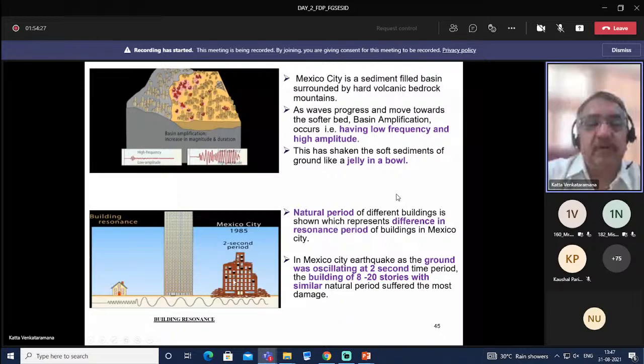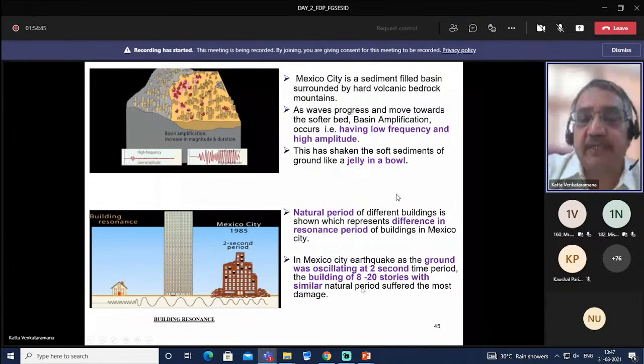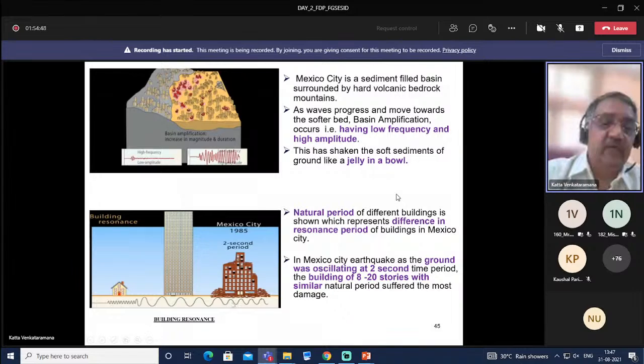In the Mexico City earthquake, as the ground was oscillating at a 2-second period, buildings of 8 to 20 stories with a similar natural period of around 2 seconds suffered the most damage. So short buildings withstood, very high buildings also withstood the earthquake, but these medium-rise buildings with a 2 second period, 8 to 20 stories, got damaged.